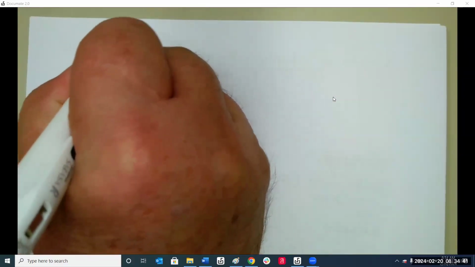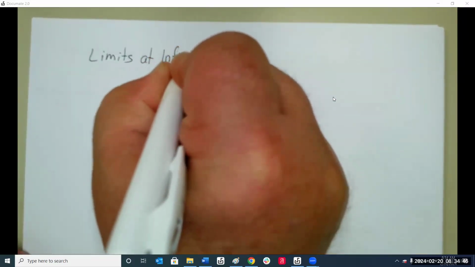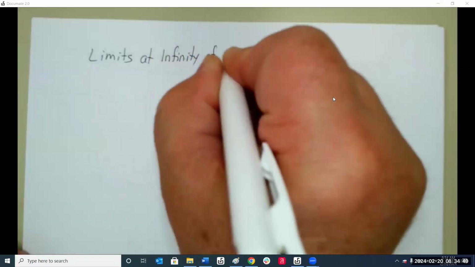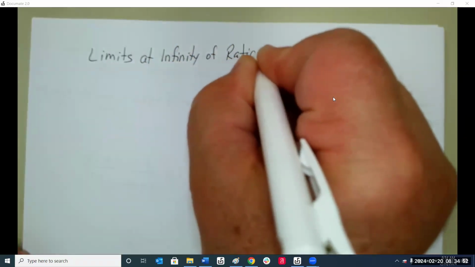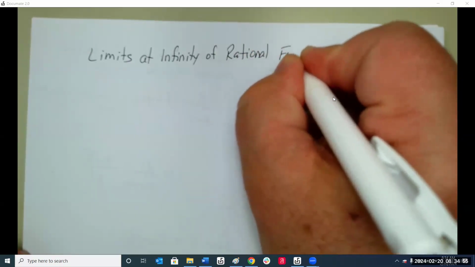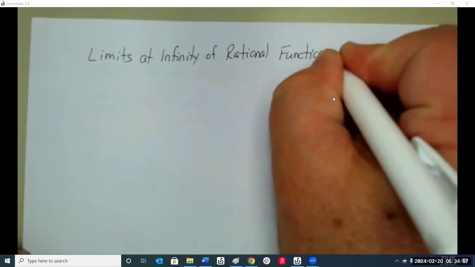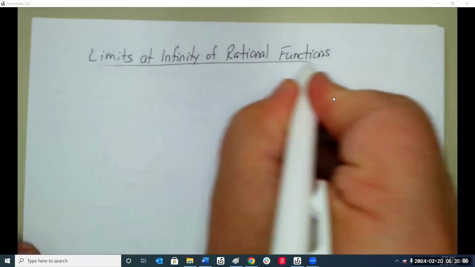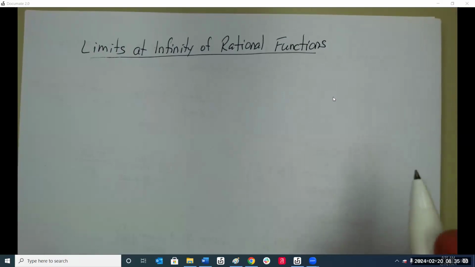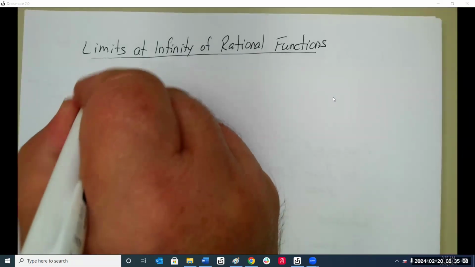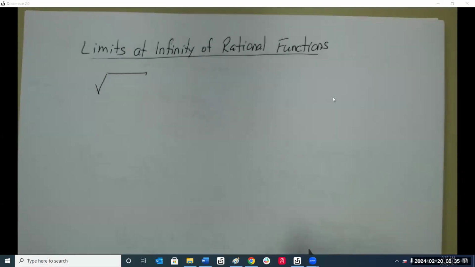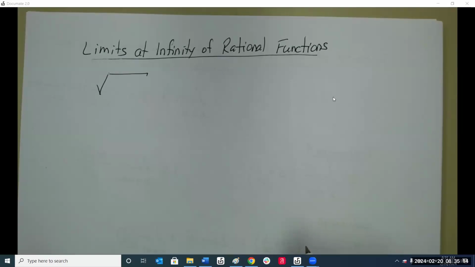All right, so let's look at limits at infinity of rational functions. What are rational functions? Is it like this? No, that's called a radical.